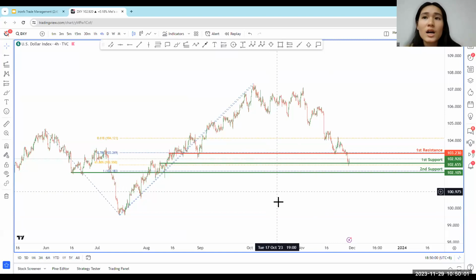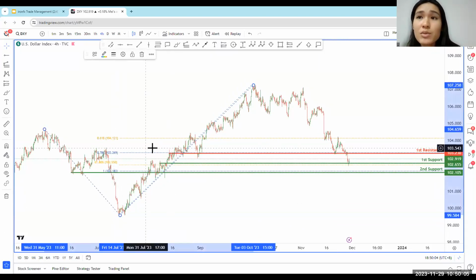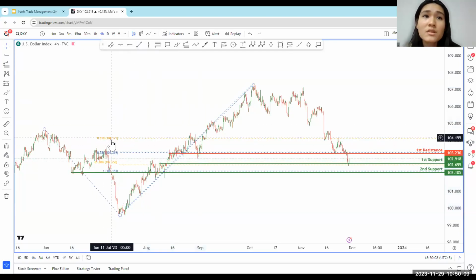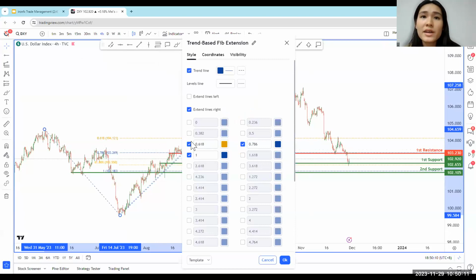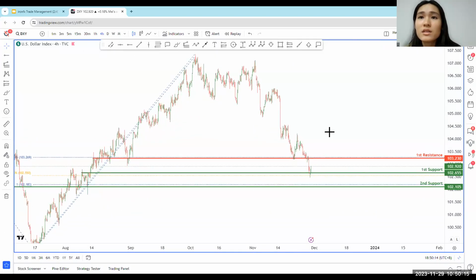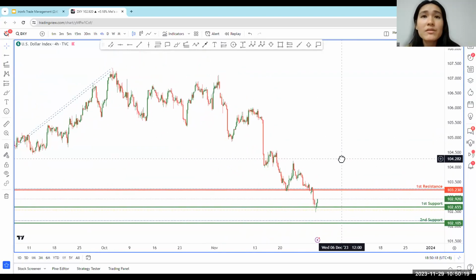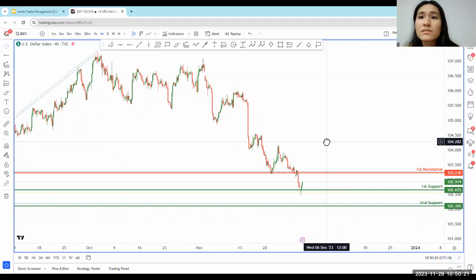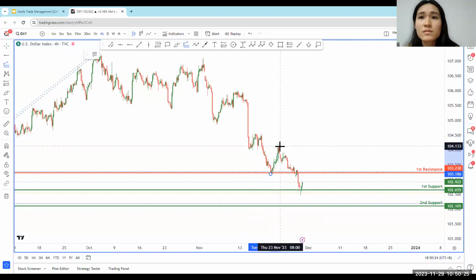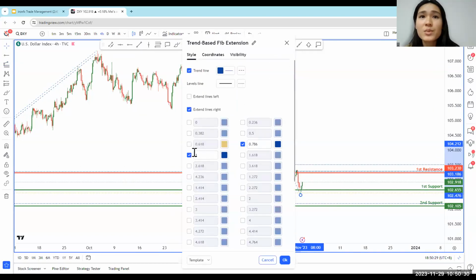Over here, 78.6 lines up, and so that's my 100%. So let's just keep that. I think those are all the levels that we have. I have a 78.6 there as well.